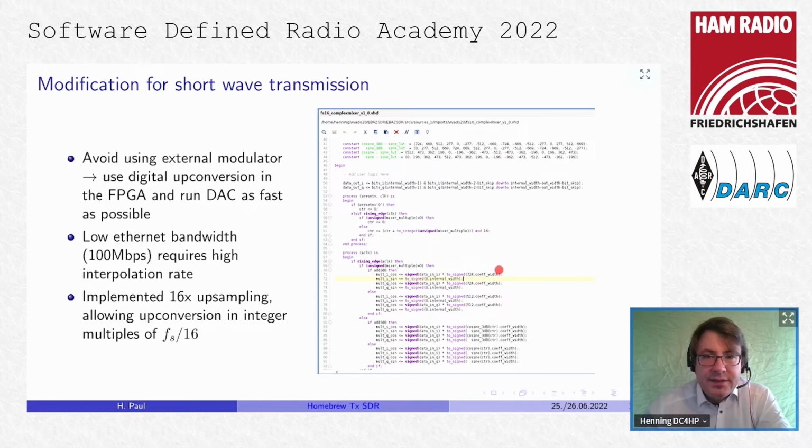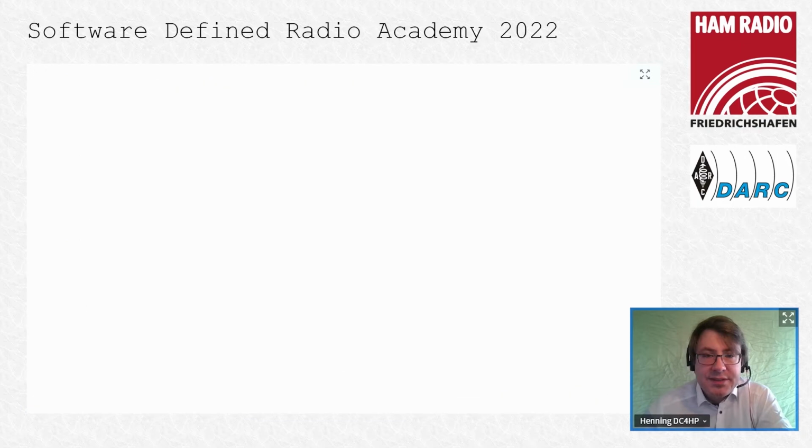This is how you can generate signals up to 15 meters, meaning 20 megahertz, for 40 megasamples sampling rate. I was able to tweak the sample rate a bit higher. I will show you how on the next slide.